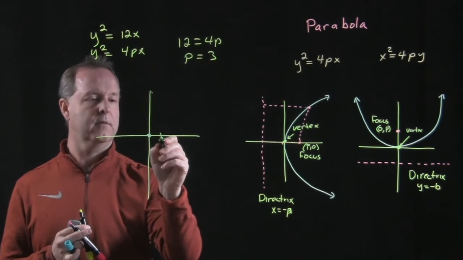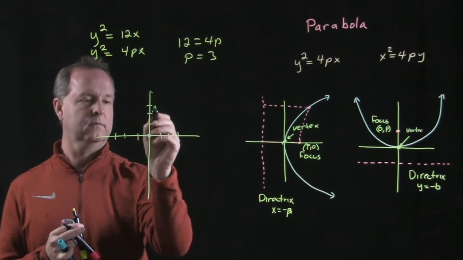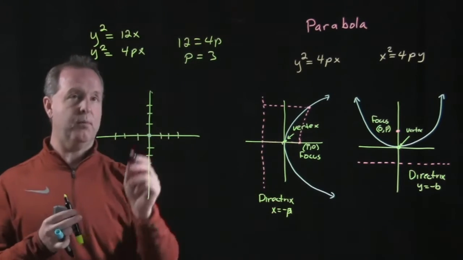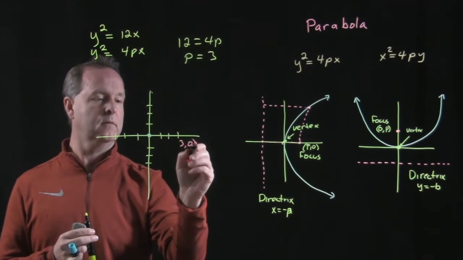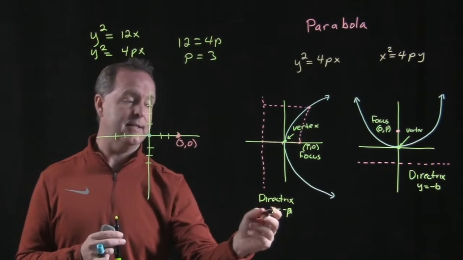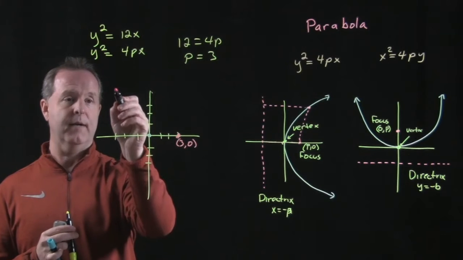Let's draw some tick marks. So our focus point is at the point (p, 0), which is (3, 0). Our directrix then is the line x equals negative p, which is x equals negative 3.